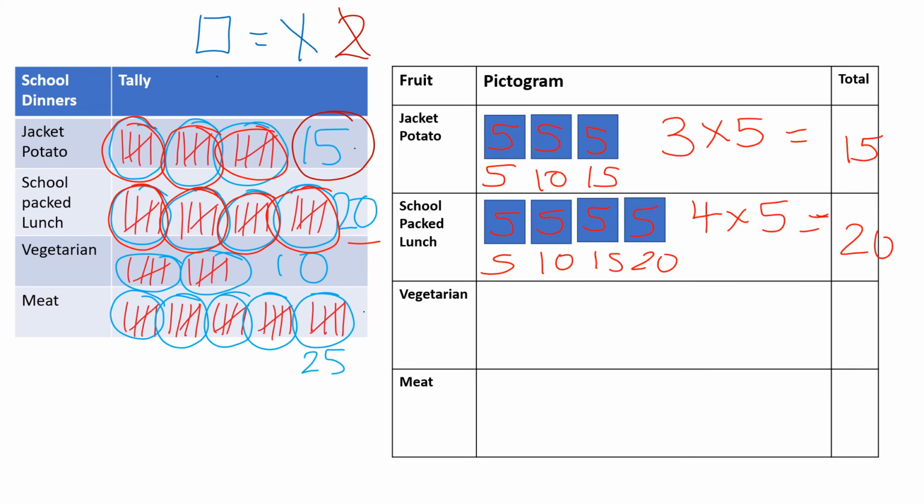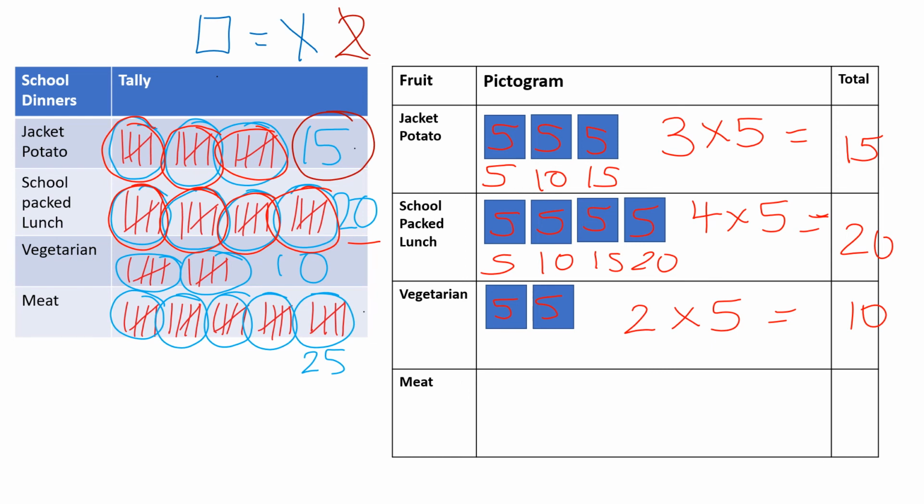So I'm going to let you think about the next one. What would be the multiplication calculation for this? If we've got 2 squares. Okay, so it's 2 squares times 5 equals 10.